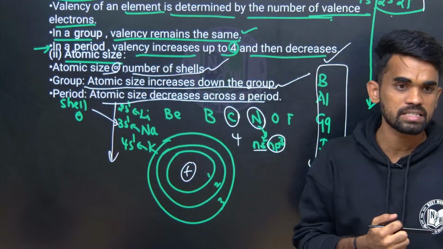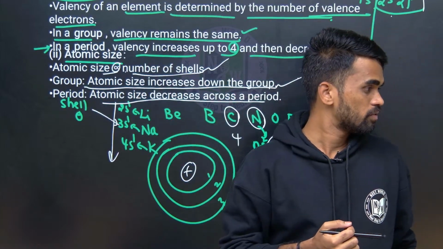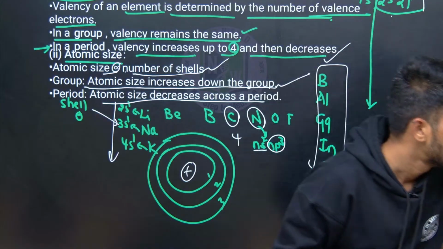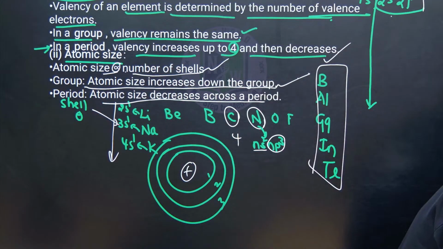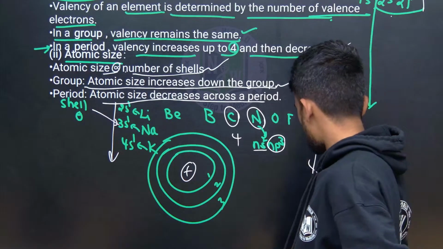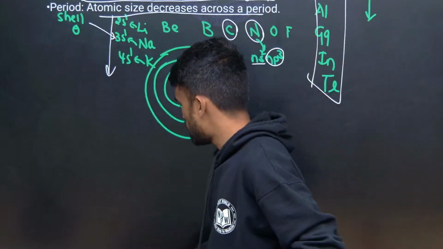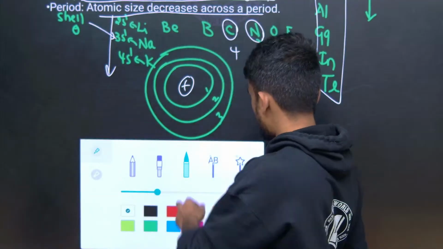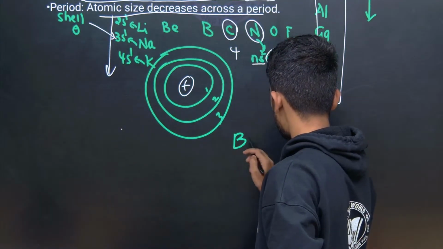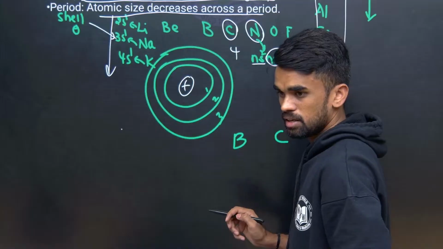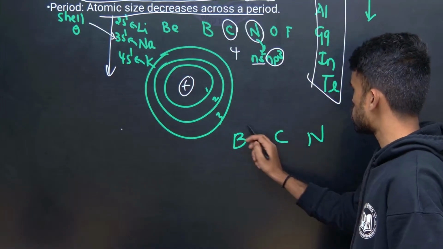Why does it decrease? Tell me why. See, if you take period elements like boron, carbon, nitrogen, do they belong to the same group or the same period?